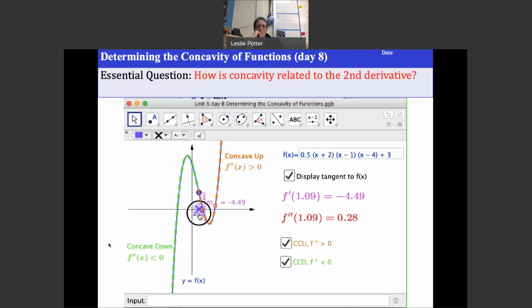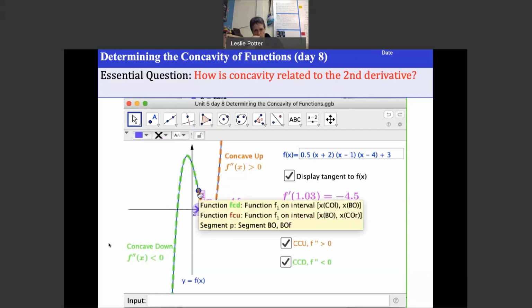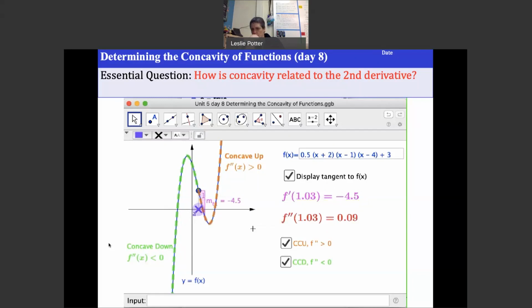So we notice that change occurs about right here, that is as steep of a tangent line as I can draw there. So at this location, notice my second derivative is basically 0.